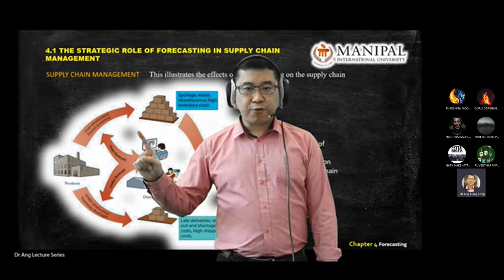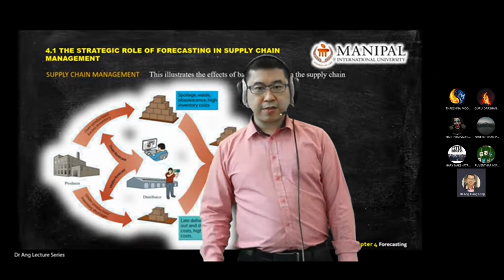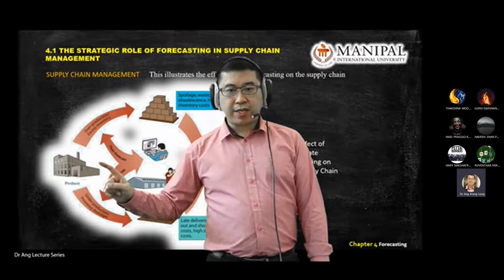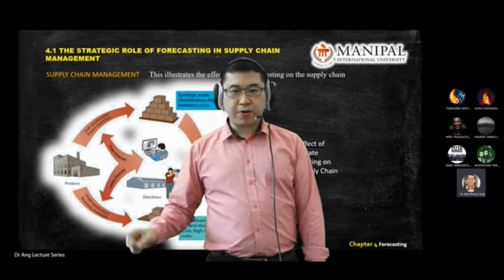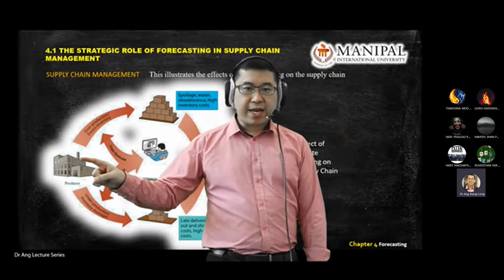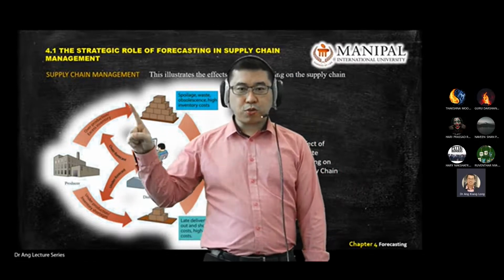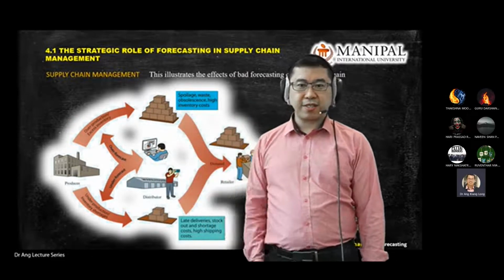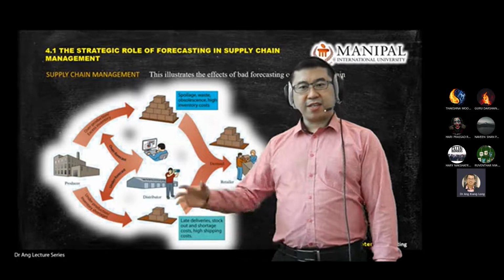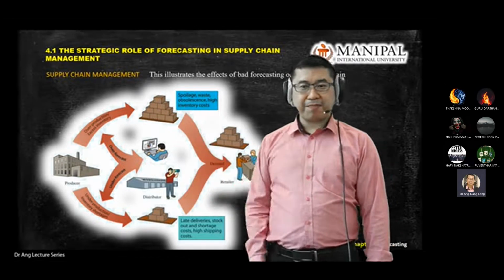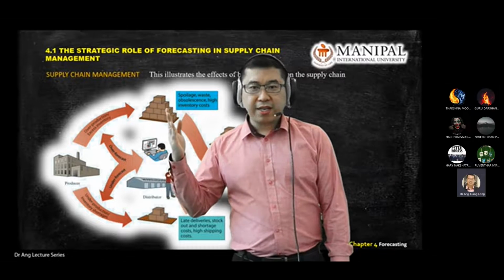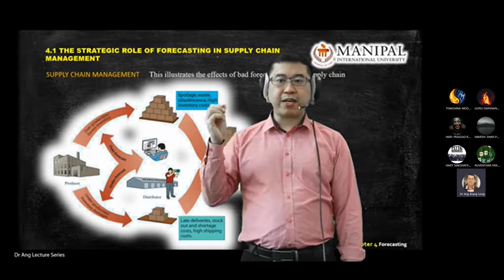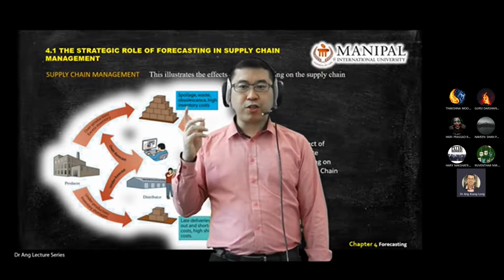If you have very bad forecasting and you over forecast, what will it lead to? The factory that you order from will manufacture more than they should and send the goods to the storekeeper. The inventory will increase and you need more space to store the items. When kept too long, food products cannot be stored and spoil, and you need to dispose of them.